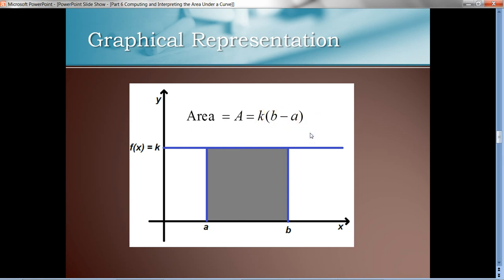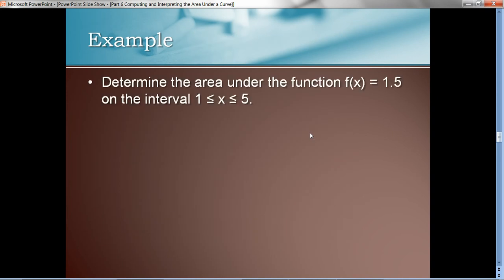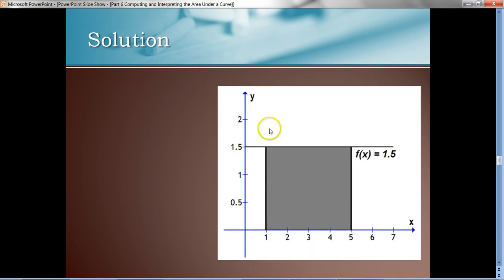So let's try one of these, make sure we got the idea, and then we'll take a look at an application. Let's determine the area under the function f of x equals 1.5 on the interval from 1 to 5. All right? Okay, so here, k is 1.5, a is 1, and b is 5, right? So let's make a graph of what we're doing here.